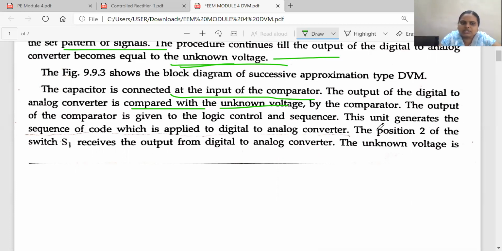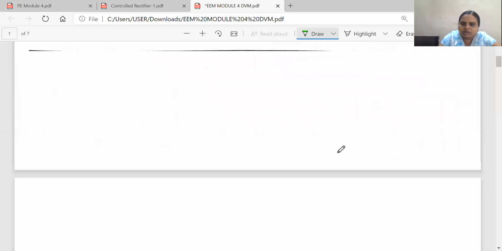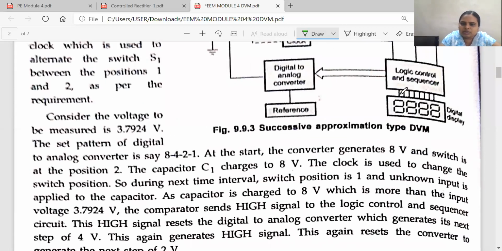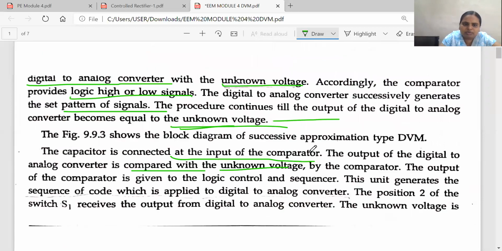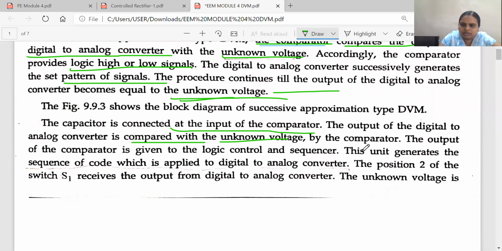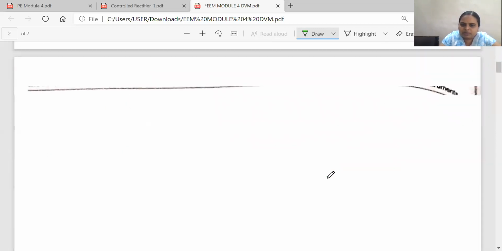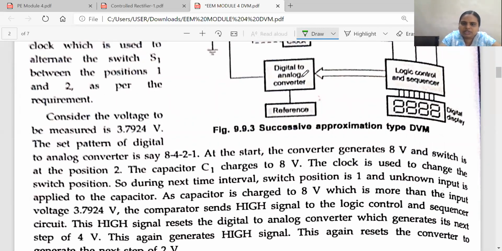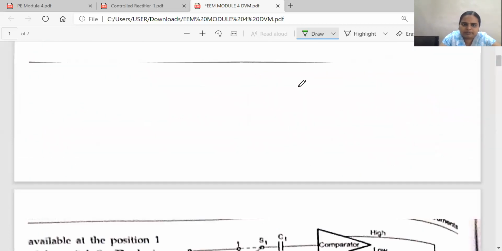This unit generates the sequence of codes which is applied to the digital to analog converter.